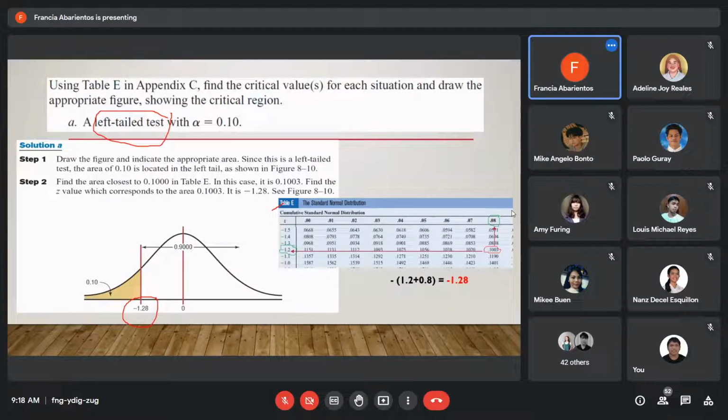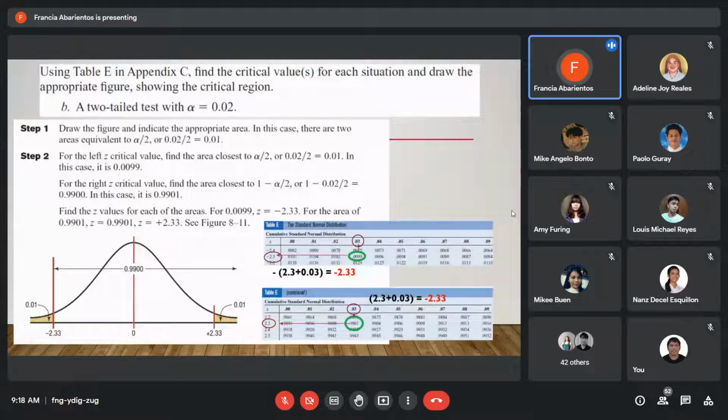Okay? Another example, if a two-tail test naman class, given sa atin yung alpha niya, which is 0.02. You need to divide it by 2. Bakit? Kasi two-tail test siya. Two-tail test on both sides. So, we have now 0.01. So, since sabi ko, you can make use of this, sa left tail muna tayo.